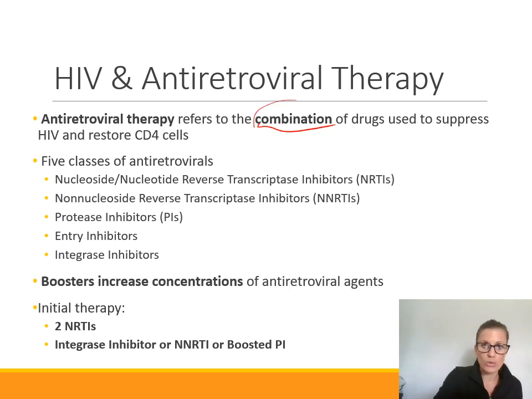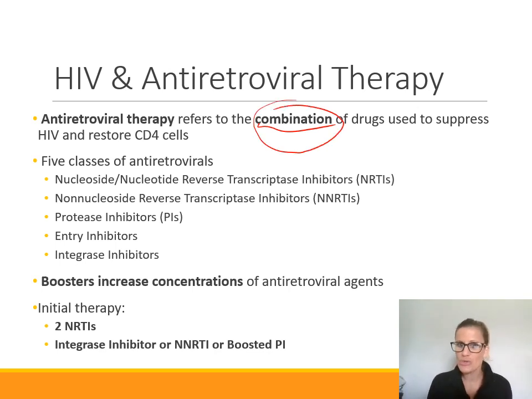You'll notice I bolded and underlined and now circled combination. We do not use monotherapy for HIV. We always use a combination of multiple drugs. There are 5 general classes of antiretrovirals, and each different class targets a different viral process. So when we give a combination of different drugs, we're targeting numerous different viral processes.